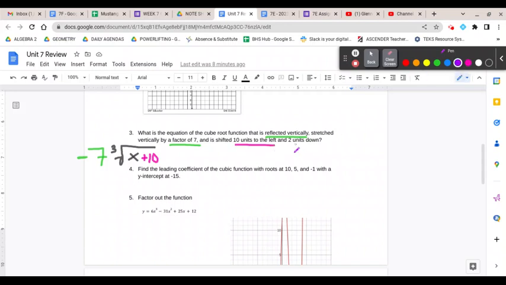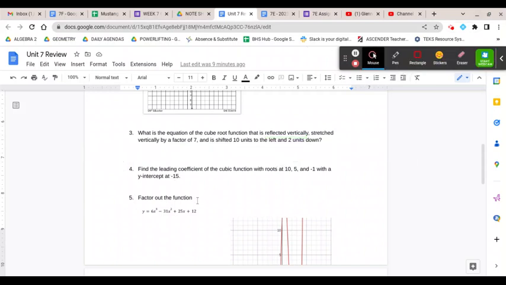And then 2 units down, we're going to subtract 2 outside the root there. So our final thing, y is equal to negative 7 times the cube root of x plus 10, and then minus 2 on the outside. All right.